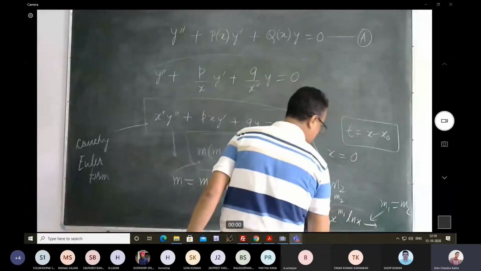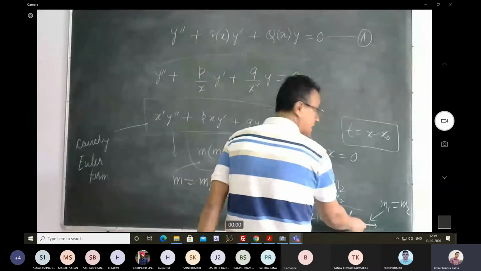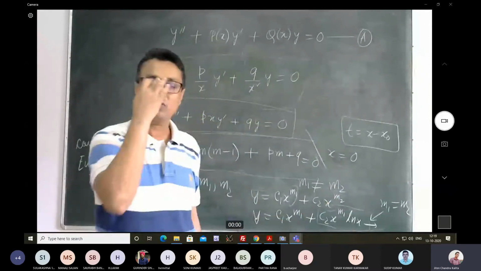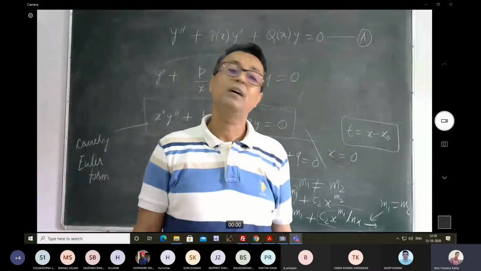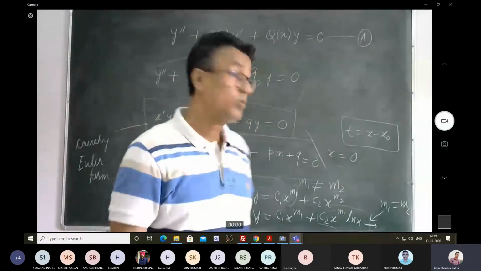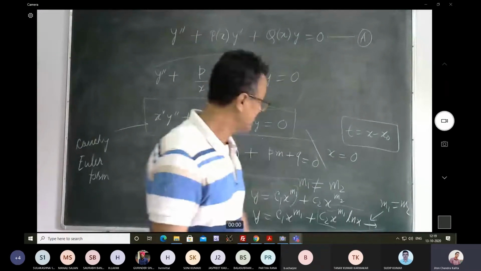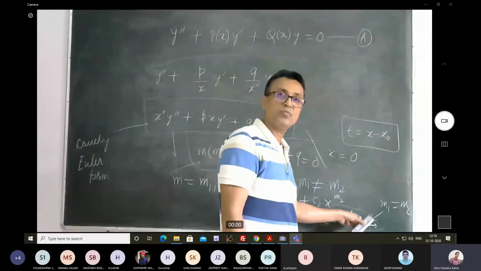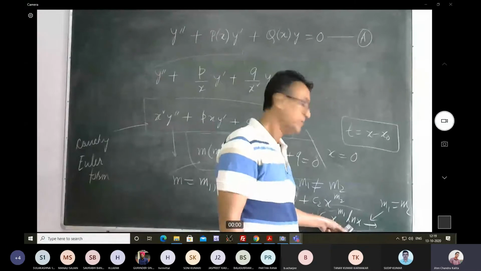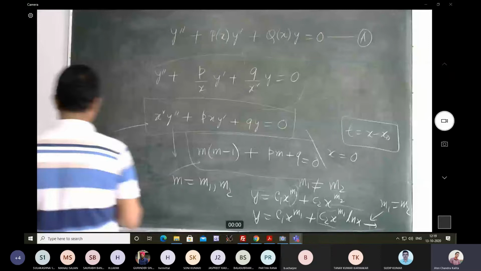I simply plug in ln x here, and this comes from the linear equation with constant coefficients concept, where the auxiliary equation has two equal roots. And ln x was simply that substitution, j equal to ln x. From there, this term comes out. Okay, fine.